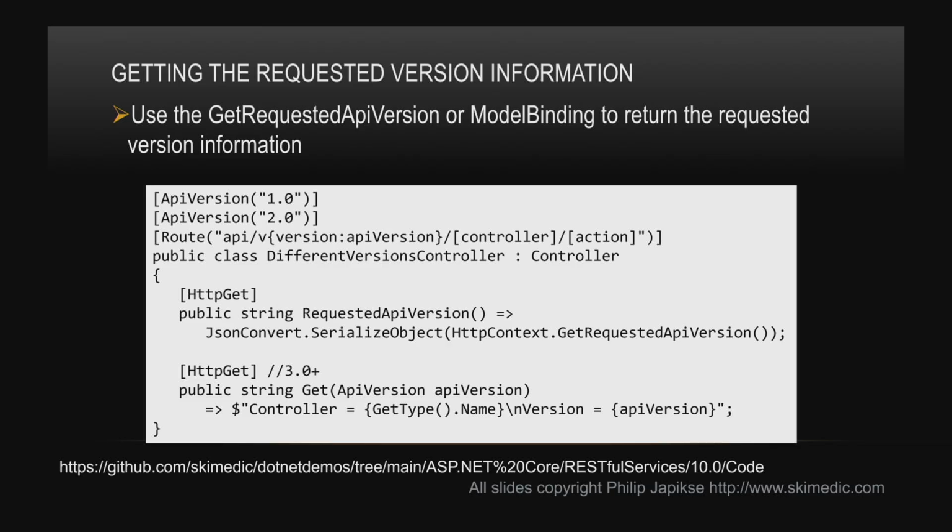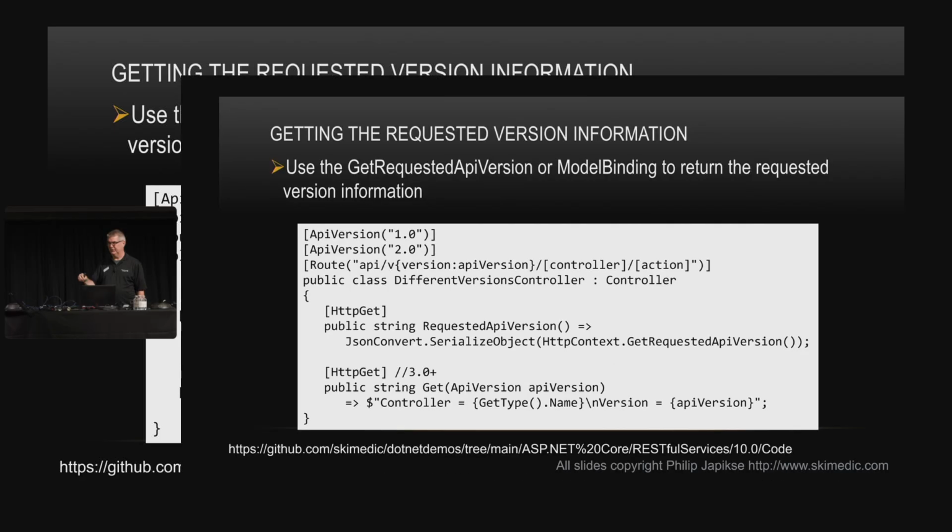And that will then get injected into the method by the framework, and it will have all the version information that was requested coming in. If it's version neutral, there'll be no data, obviously. Or we can just call HTTP context get requested API version. That is an extension method brought in by the API versioning setup, and then we can get the version.